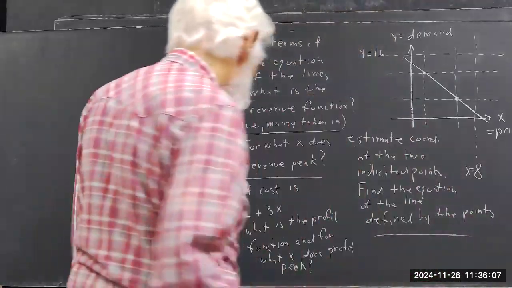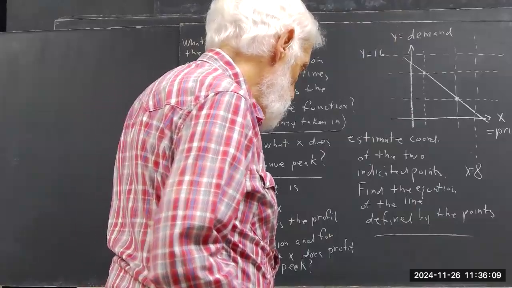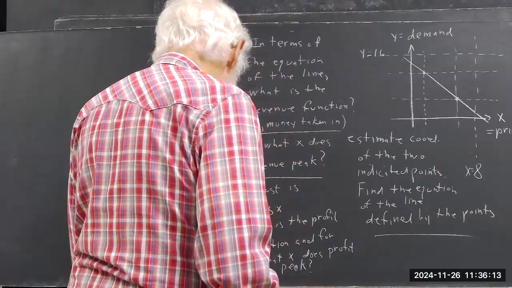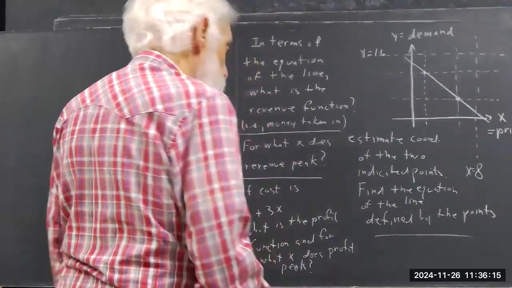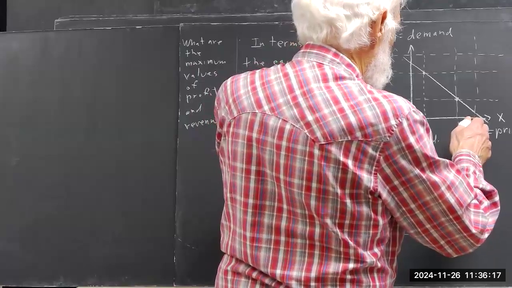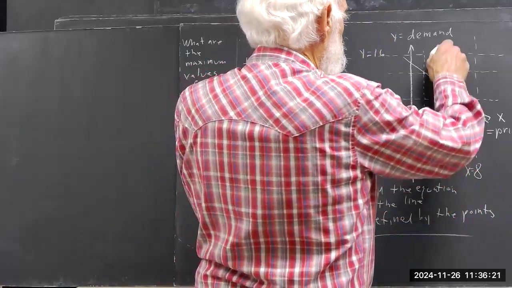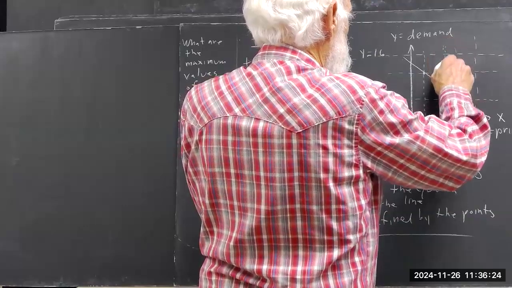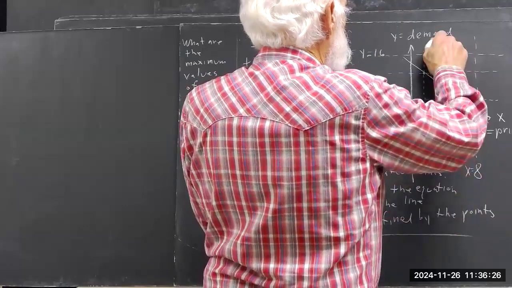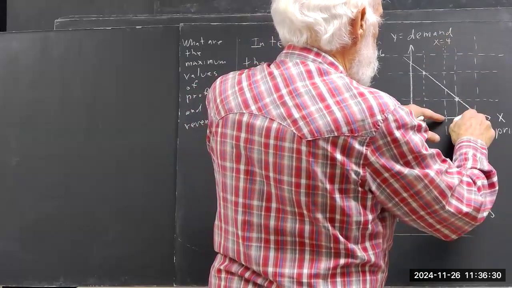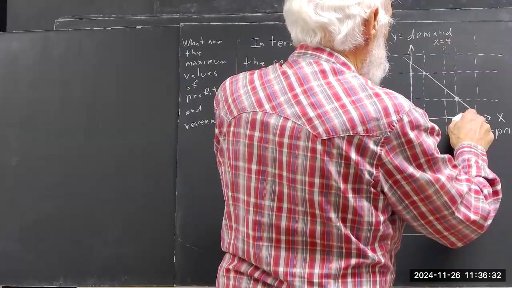We have x equals 8, and I chose 8 because it's easy to subdivide that. So I'll put a little bit of scale on this. I'll go halfway between 0 and 8, which would be about here. That's about where x equals 4. Then halfway between 4 and 8, that would be about here.